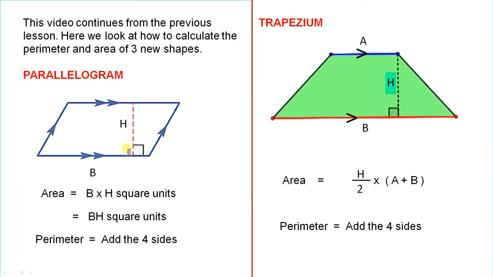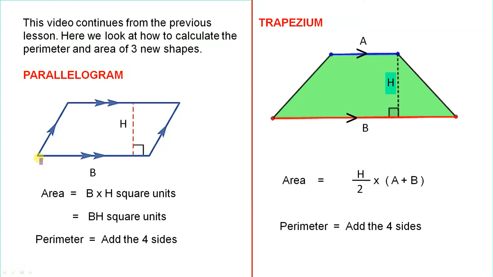Now, a parallelogram is a four-sided plane shape with the opposite sides parallel. Unlike the rectangle, those angles on the corners do not have to be 90 degrees, as long as the opposite sides are parallel.